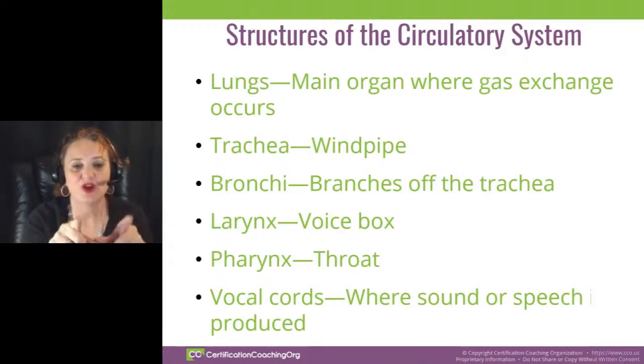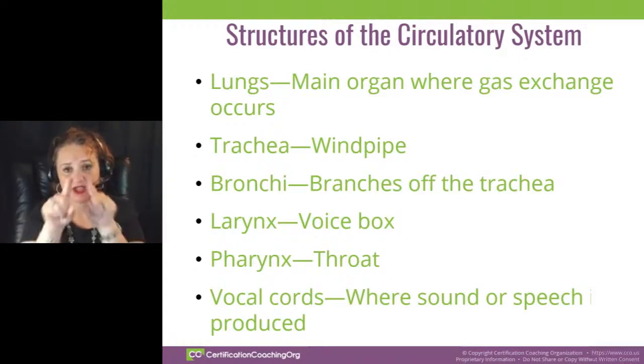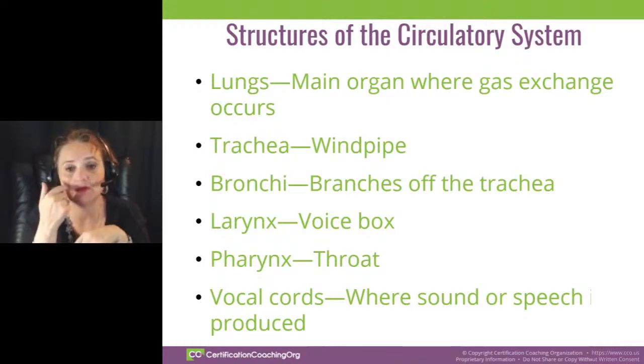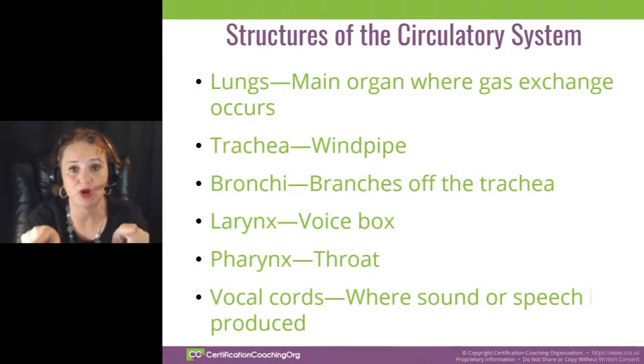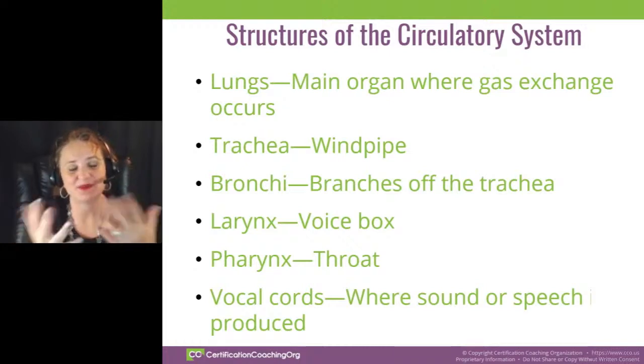Also, from the trachea, it's going to go into the bronchi, which is that area that you see that comes down and then bifurcates. You have two bronchial passages, comes down and then goes out. The larynx is the voice box. Right? I know someone that just had surgery the other day that had her larynx removed. She had cancer of the larynx. So you don't see that happen very often.